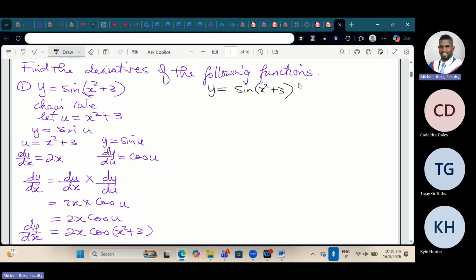So notice what is in the bracket is the angle. You're taking the sine of an angle, and the angle here would be x squared plus 3. So what are the steps we are going to take to differentiate it otherwise? Step 1, you're going to differentiate as is.